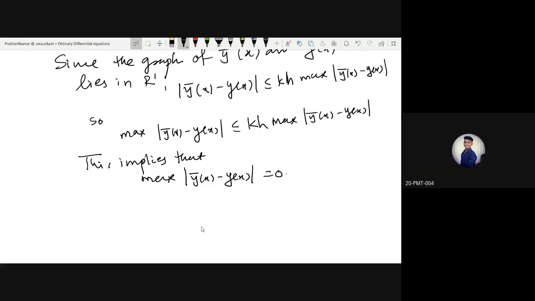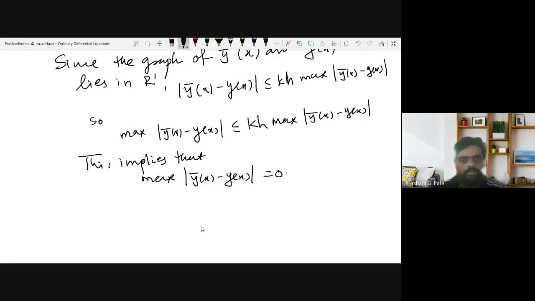Okay sir. So maximum of y bar of x minus y of x is equal to 0. Because of this. Otherwise what will happen?